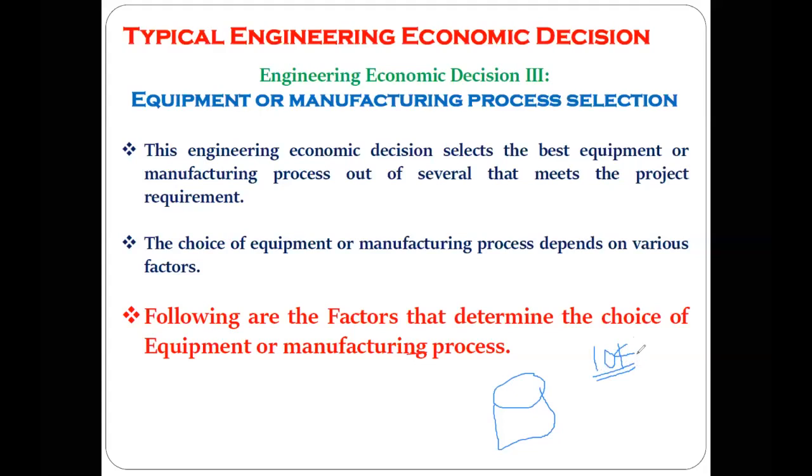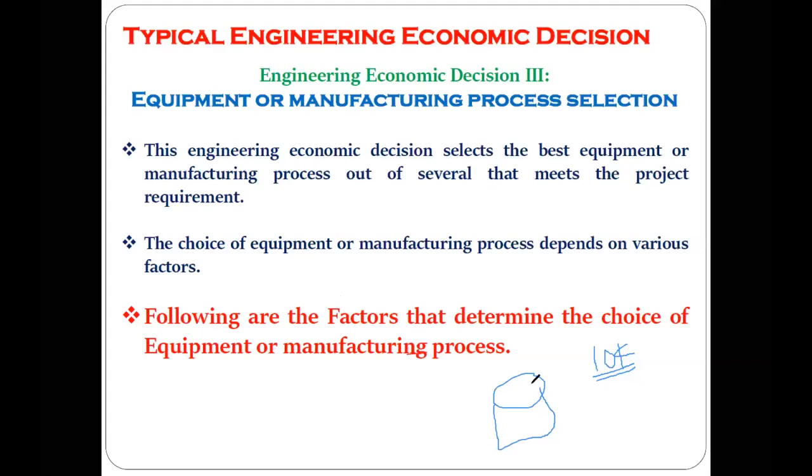How many? 10,000. Yes, all of you can listen. You need to produce 10,000 paper glasses at the end of the month. And for that purpose, you go to some company to purchase the machine for your own company.